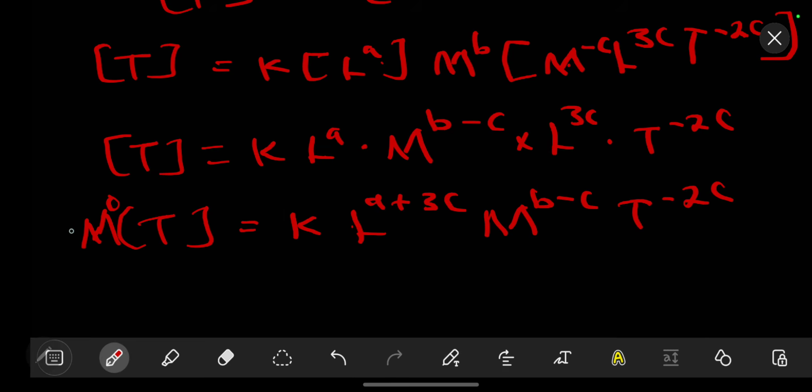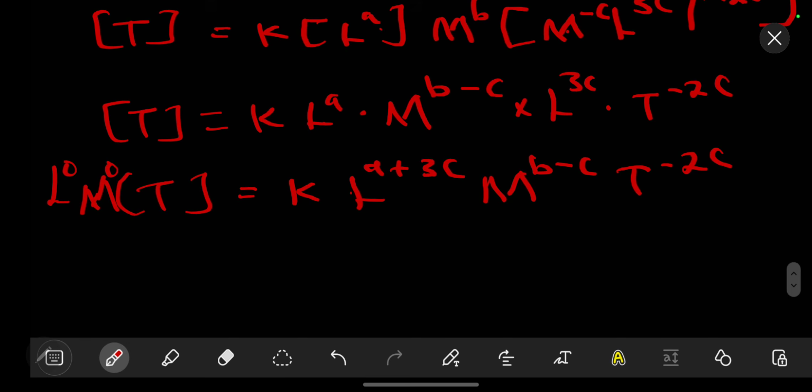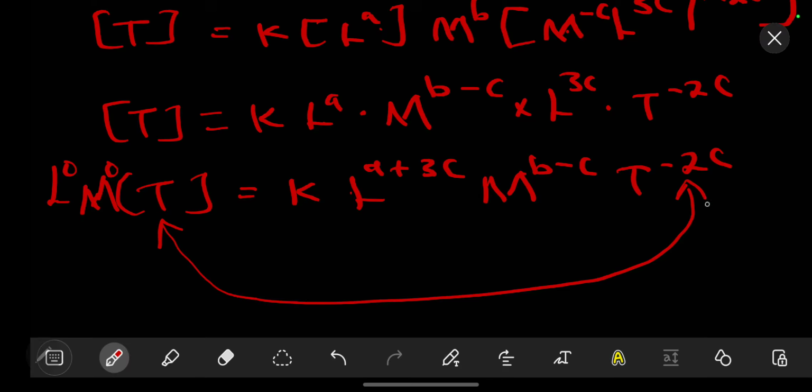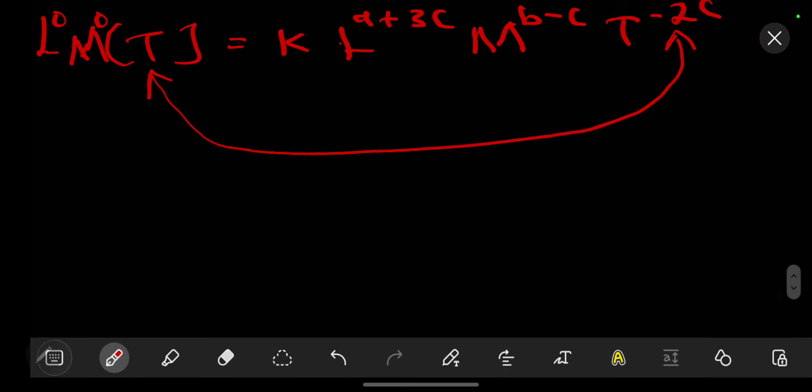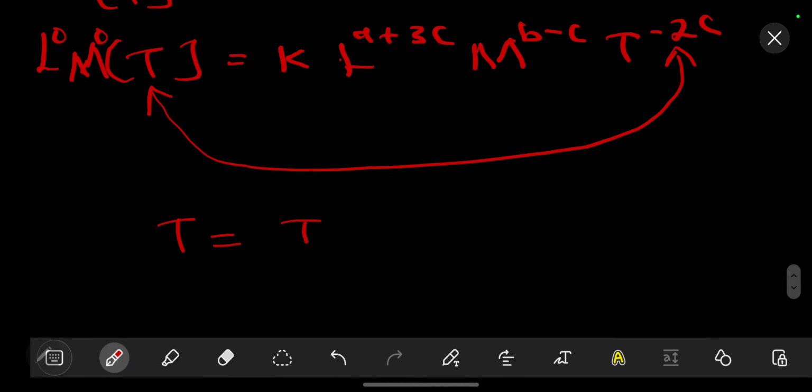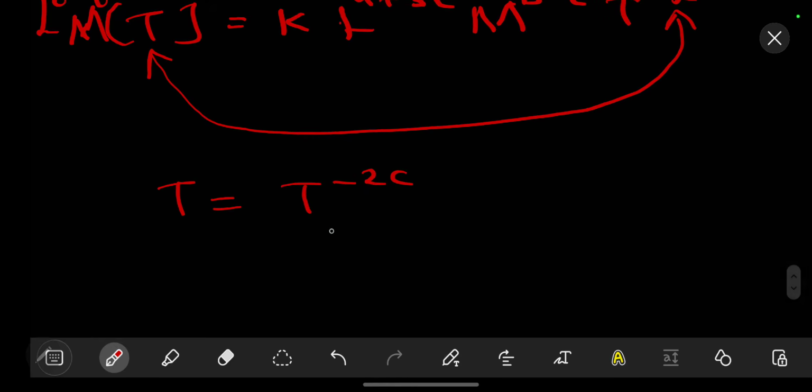Then we also have L to the power of 0, so that the meaning remains the same. So our T can be equated to this. Our T should be equal to T raised to the power negative 2c, so that we cancel this and remain with the power. So we have 1 should be equal to negative 2c.